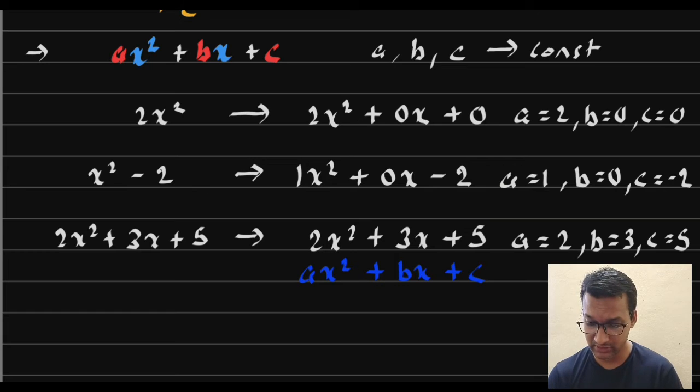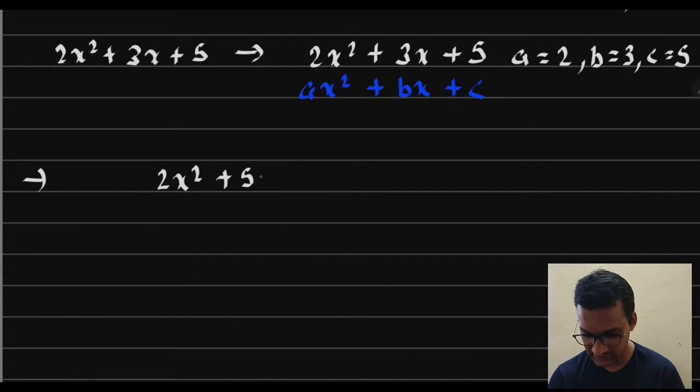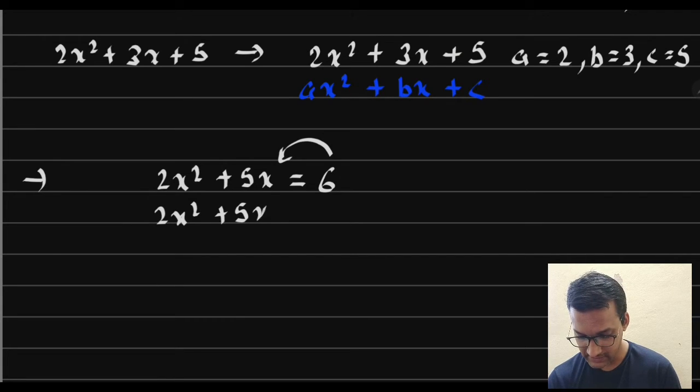But sometimes the equation could be like this: 2x square plus 5x is equal to 6. Now this is not the standard form of the equation, so we will have to convert this into standard form. Now this 6, if I take it to the LHS, it will become 2x square plus 5x minus 6 is equal to 0.